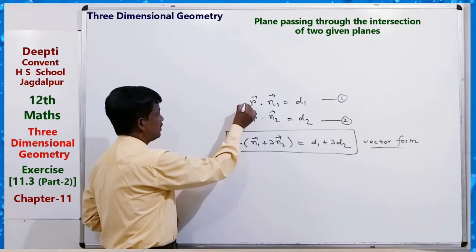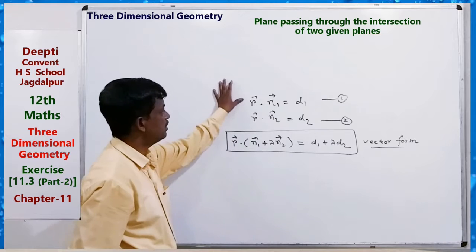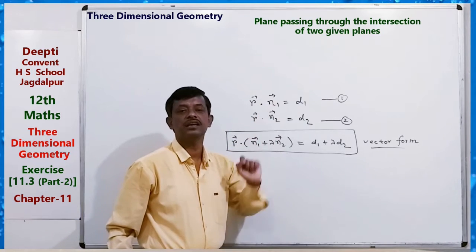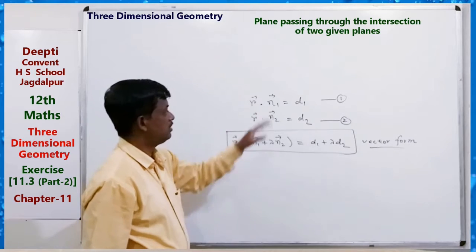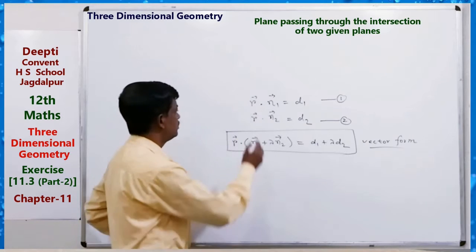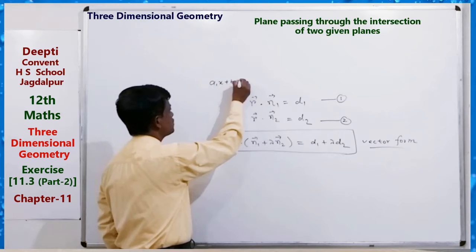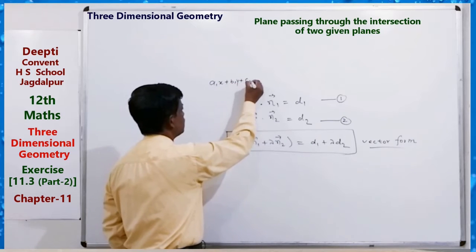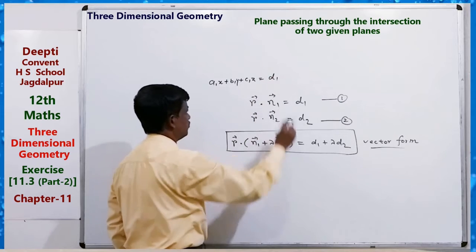So if it's Cartesian form, we know it can be written, if the direction ratios are a1, b1, c1, then we can write it like this: a1x plus b1y plus c1z equals d1.